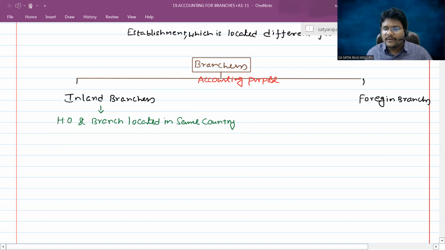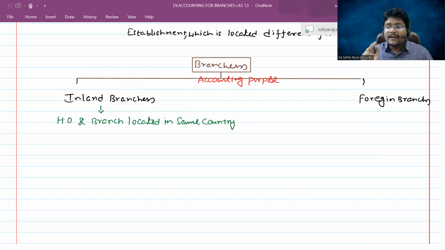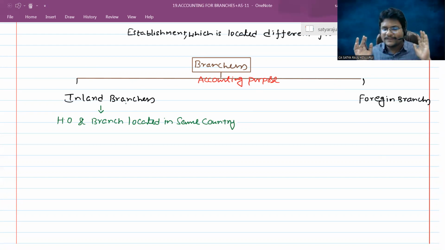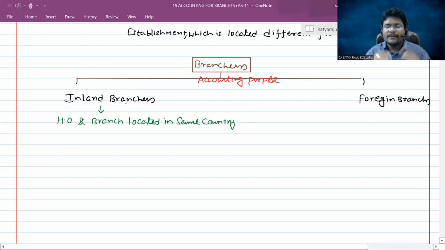Simply, the location of the branch is the country in which the head office is located, then such a branch is known as an inland branch. Do you understand? But the presence of their business activities is at different places within the country also. That is a different story.